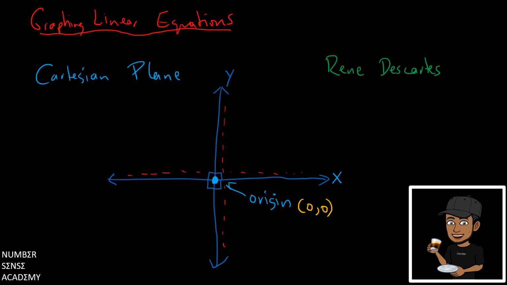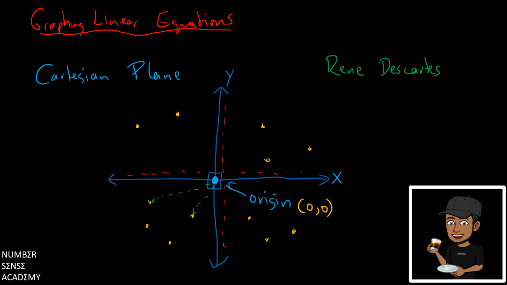And why is that important? Well, in the Cartesian plane, you have points located all over this plane. And to get to these points, every single one of them starts out in the origin.